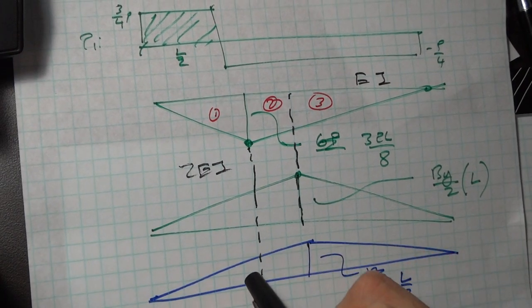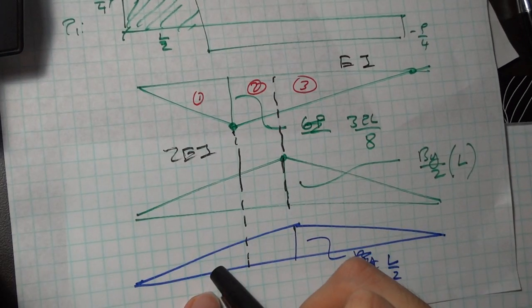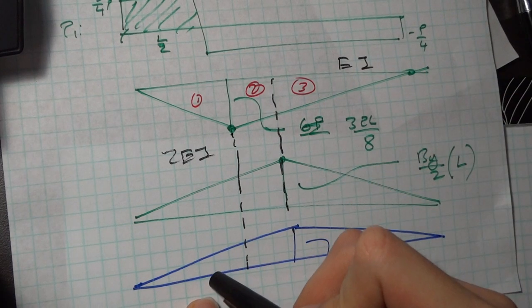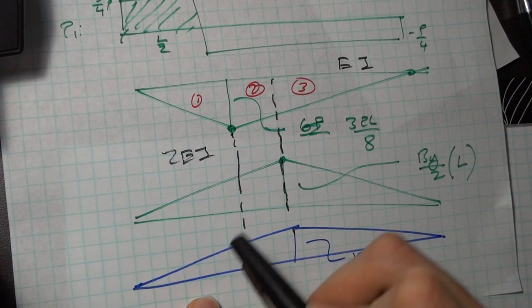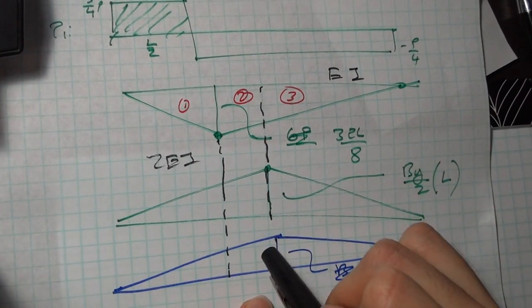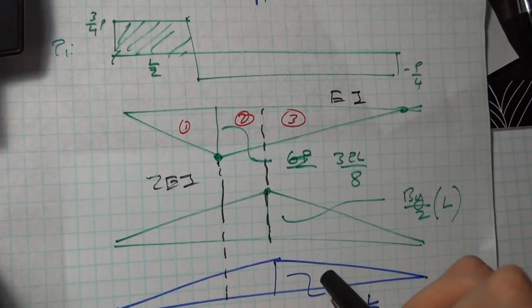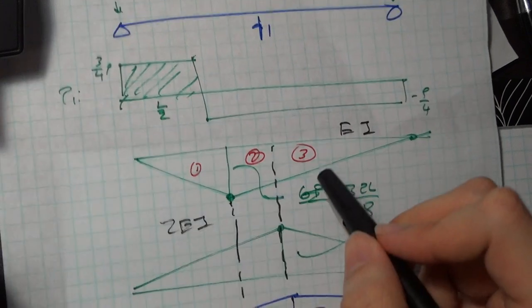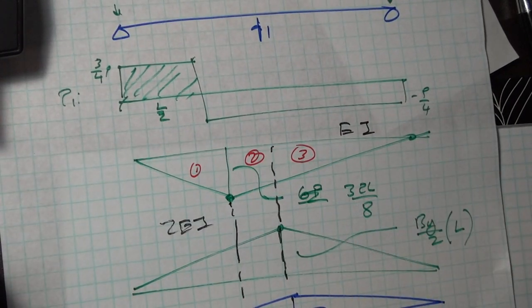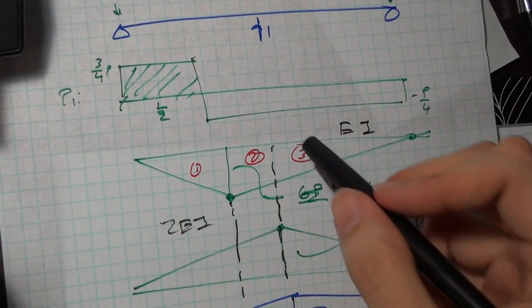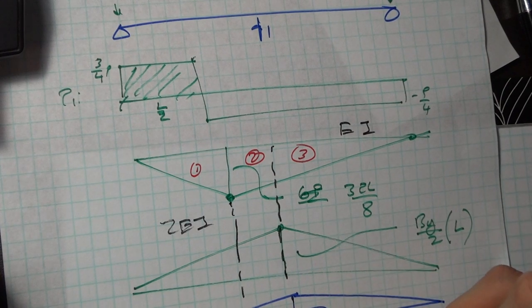So I'm going to do this MQ system times MP1, this MQ system times MP2, this MQ system times MP1, this MQ system times MP2, this MQ system times MP3, and this one times this one.